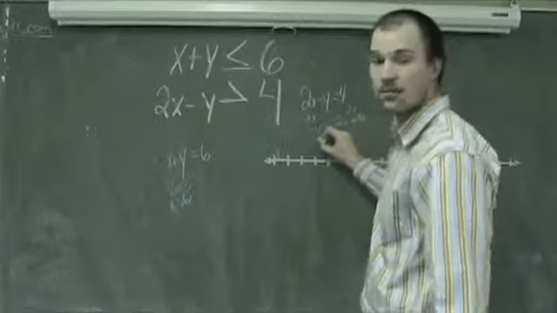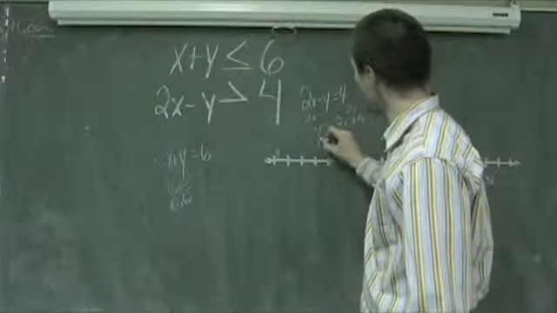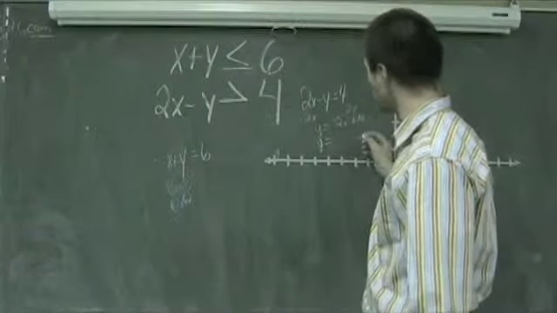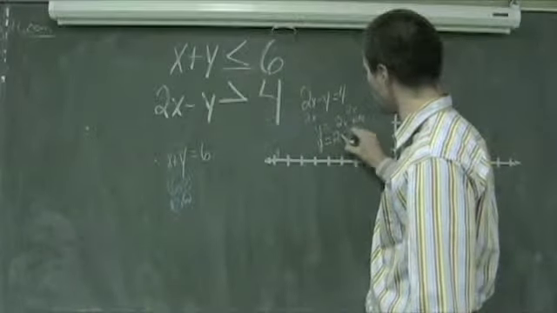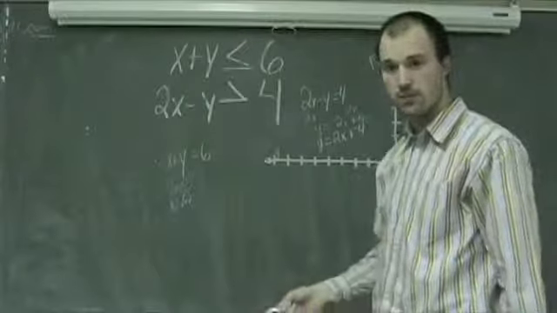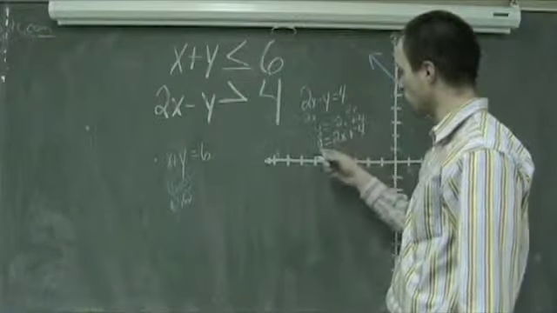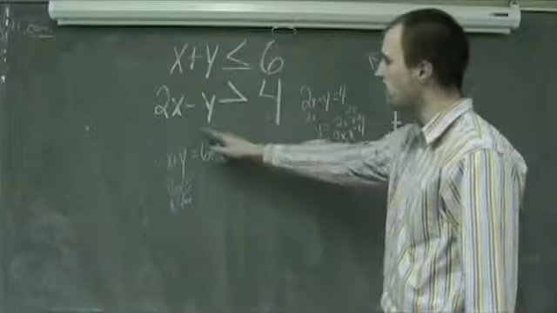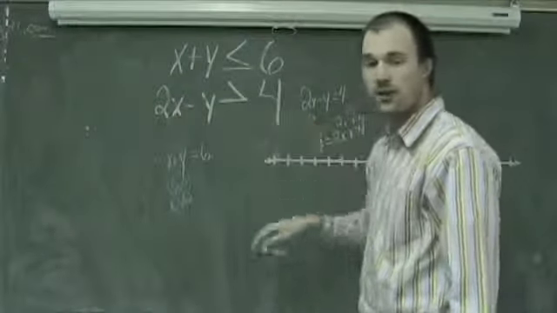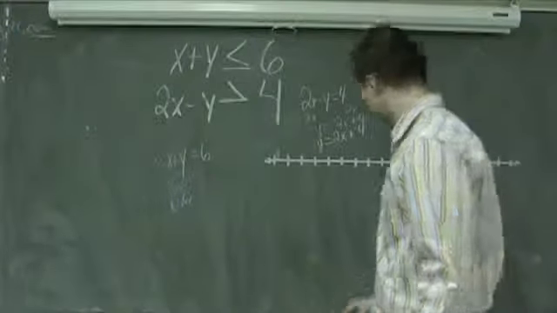And multiplying everything by a negative 1 to get y by itself, I find myself with y being equal to a positive 2x plus a negative 4. All I did was simply change my signs. Now I have what's known as slope-intercept form. If you wanted to calculate from here and do the same thing, that's totally up to you. I'm just showing you both ways.